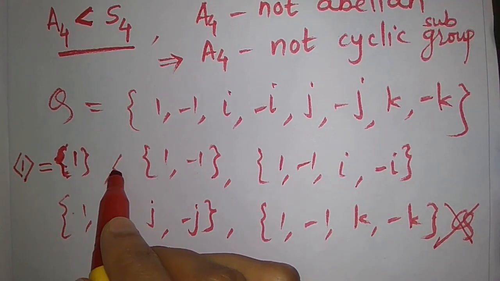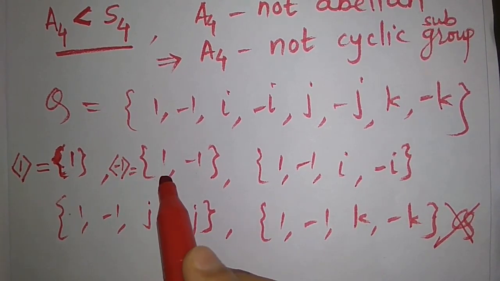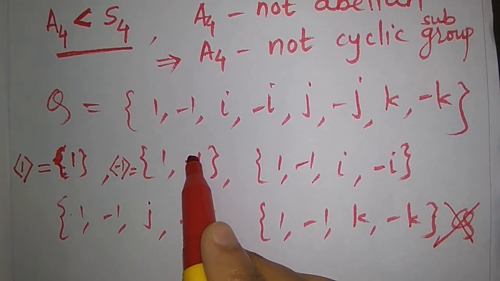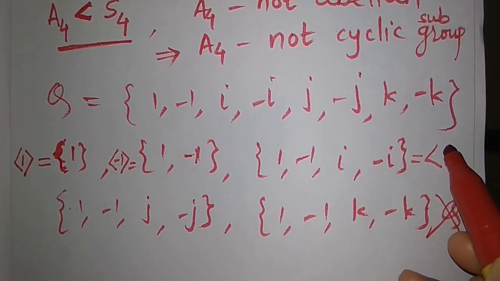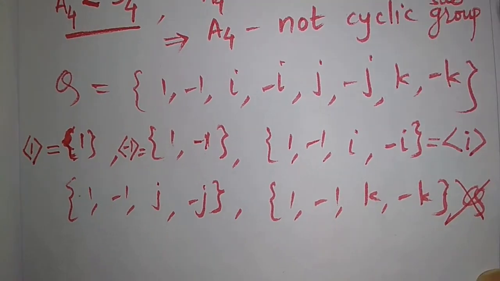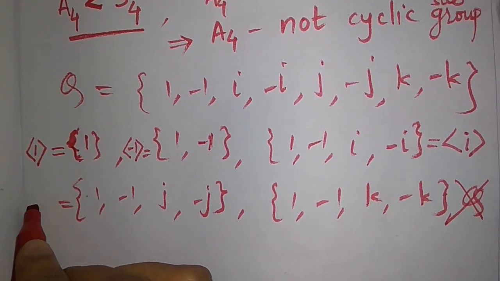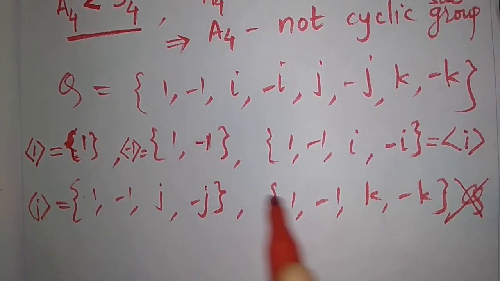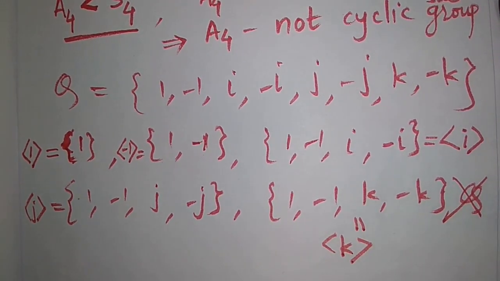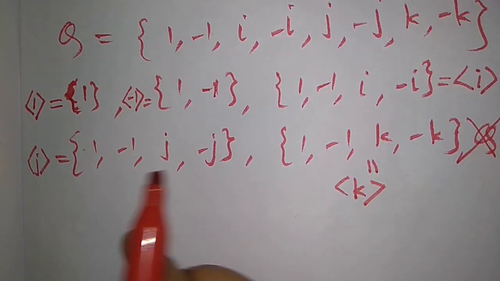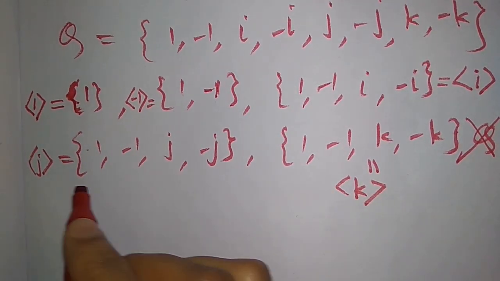Now this is generated by -1 because (-1) squared is 1. And this is generated by I or -I. I am writing this as I. Similarly, this is generated by the element J, and this is generated by the element K. So these are all the subgroups of Q, and they are cyclic.